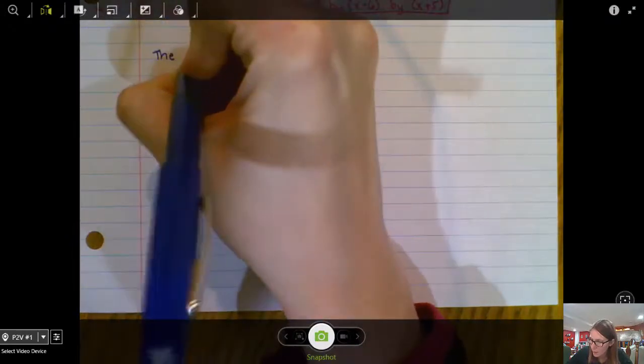Okay, the last type of problem we're going to look at in section 5.4 deals with something called the remainder theorem.